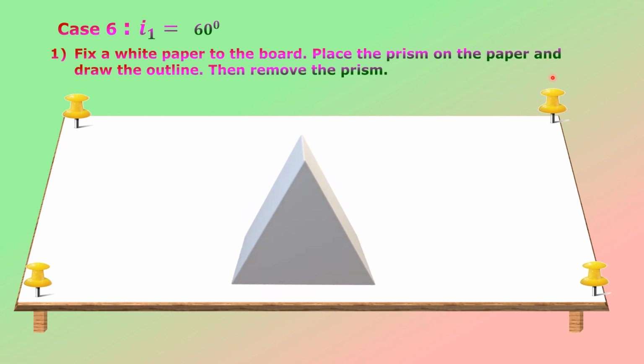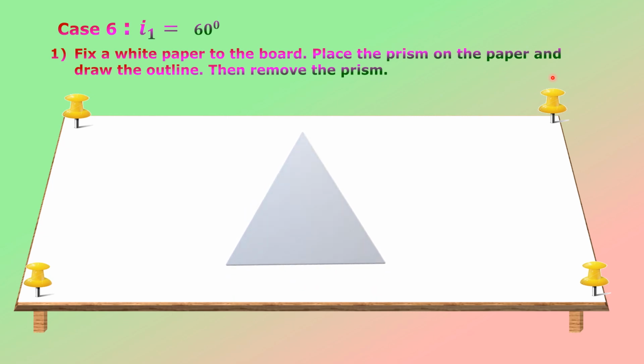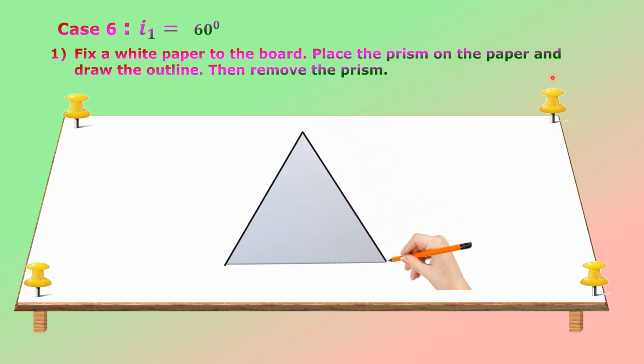It is going to sit on its triangular base. Now let us draw the outline. Yes, now remove the prism. So we got a triangle.